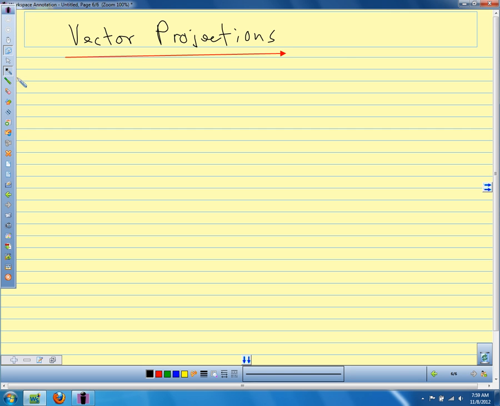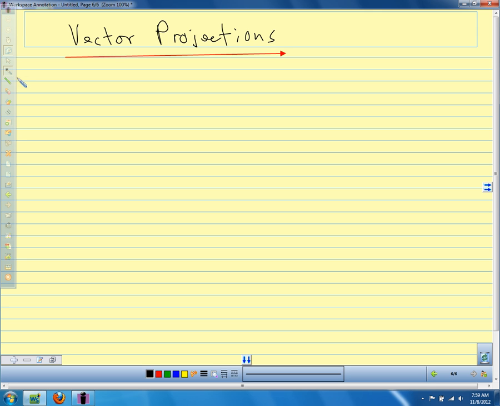An example of when we would want to look at vector projections would be if we're talking about vector force, and we want to know the force in the direction of motion. So we want the component of the force in the direction that you're moving.